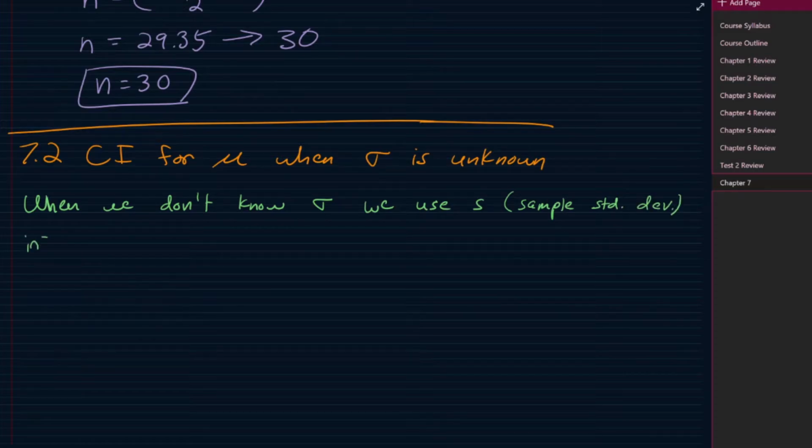Okay, so when we don't know sigma, we use S instead. And this causes us to basically stretch the normal distribution a little bit using a family of curves with a certain degrees of freedom. And so we don't actually end up using z-tables for this one when sigma is unknown.